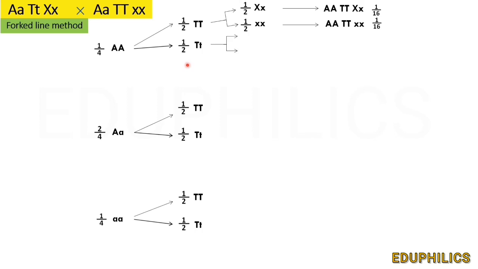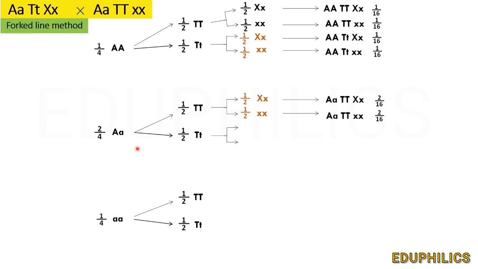Next one, capital A, capital T, small x, and here combinations with capital A, small a. Next combinations with small a.